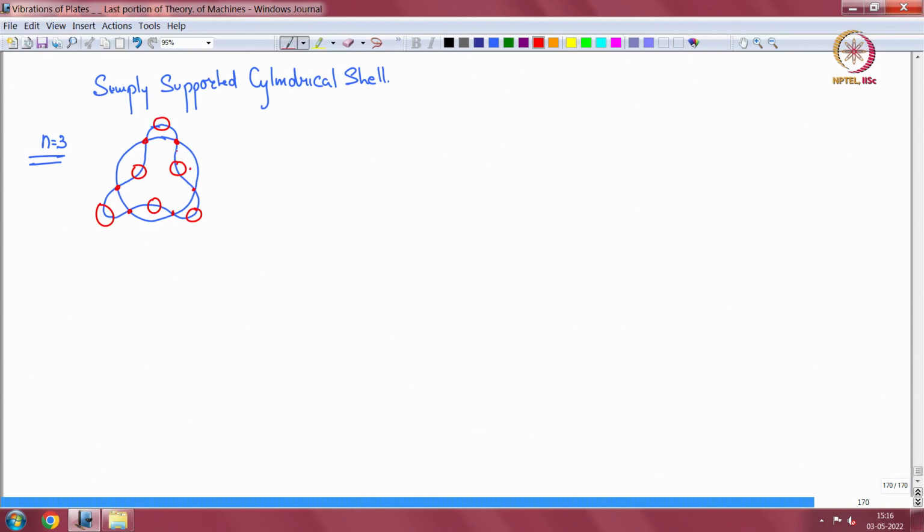But now if I oscillate this n equal to 3 at its own natural frequency, then these points will permanently be nodes, right. These points will be permanent nodes, and those will be permanent antinodes.